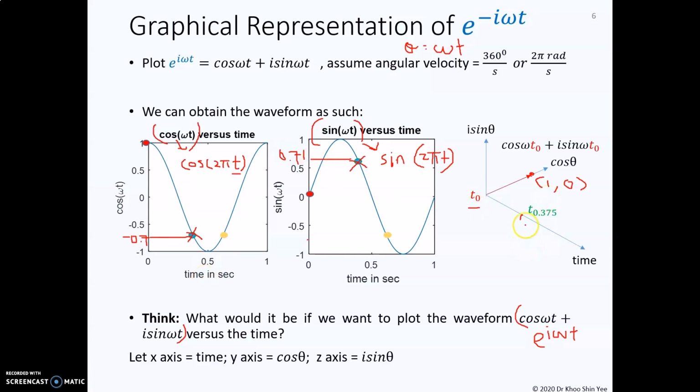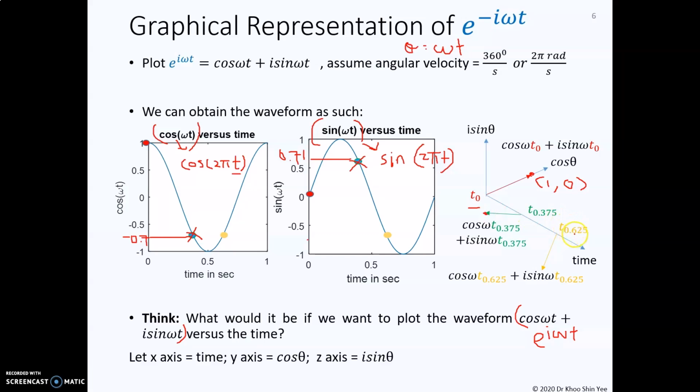Okay. So if you plot it, the real part is negative moving backward, positive moving forward. So moving to here by negative 0.7, and then 0.71 in the imaginary part. So since it's positive, it will go up by 0.71. So this is the point. So if you plot it, you obtain the point to be here.